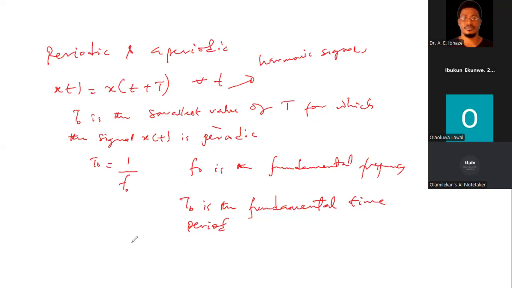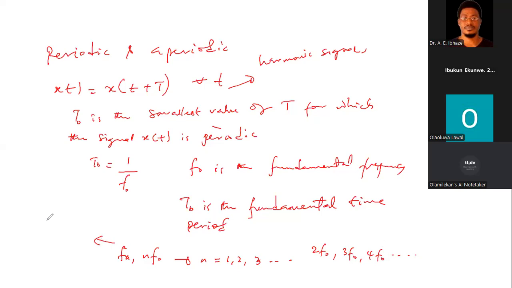But mind you, we now have F naught, we have N F naught, where N will take on values from 1, 2, 3, all the way. So when N is 1, we have the fundamental frequency component, right? So we can have 2F naught, 3F naught, 4F naught, all the way. So these are integral multiples of the fundamental frequency.